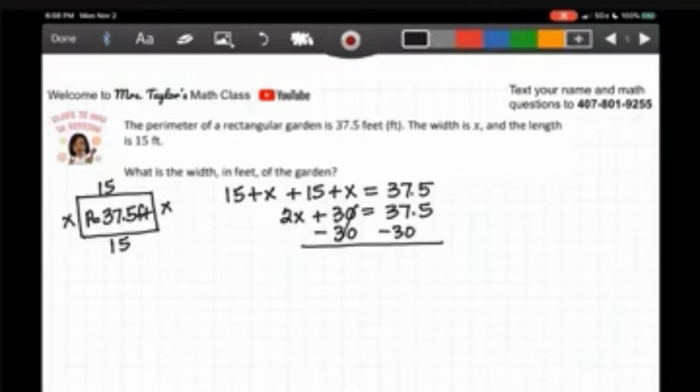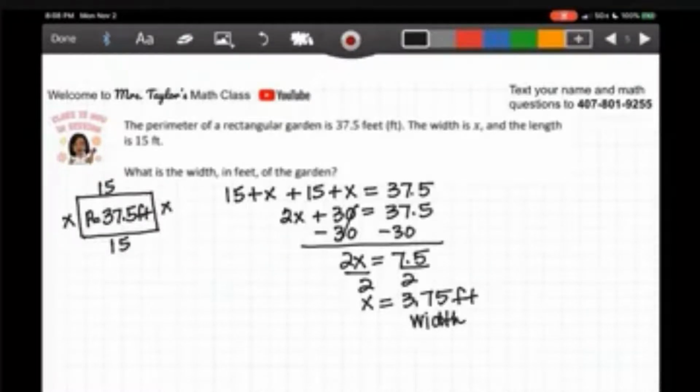And we get 2x is equal to 7.5. Divide both sides by 2. And x is equal to 3.75 feet. So that is going to be the width. Okay. Let's keep it moving.